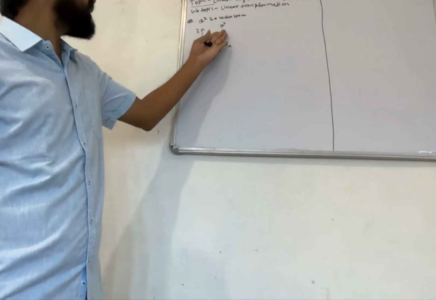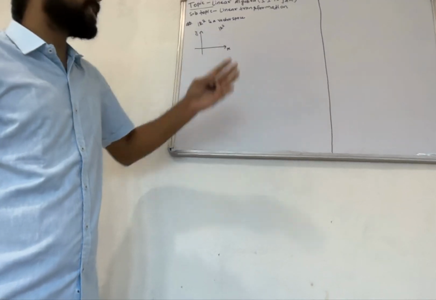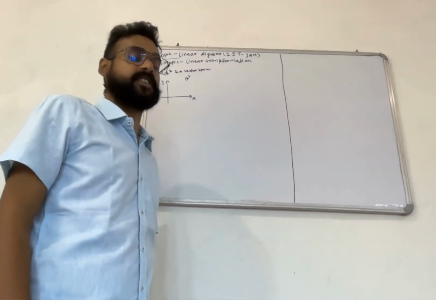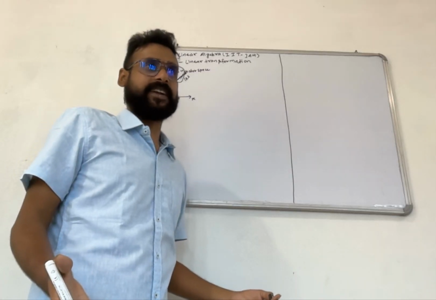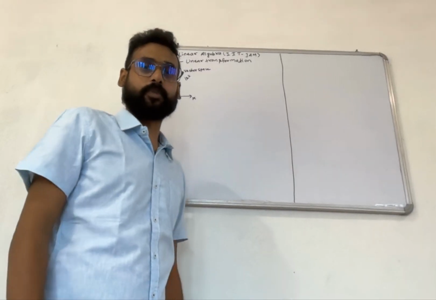So we say R2 is a vector space, and the properties it satisfies are vector addition and the closure property.